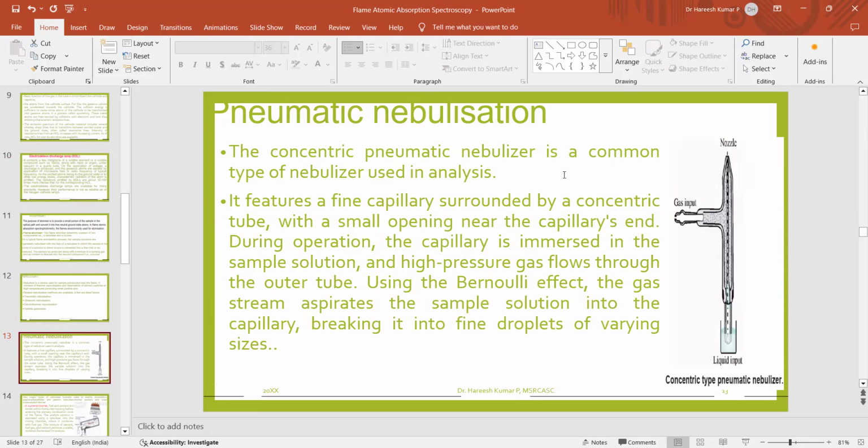The concentric pneumatic nebulizer is a common type of nebulizer used in analysis. It features a fine capillary surrounded by a concentric tube with a small opening near the capillary end. During operation, the capillary is immersed in the sample solution and high pressure gas flows through the other tube using the Bernoulli effect. The gas stream aspirates the sample solution into the capillary, breaking it into droplets of varying size.